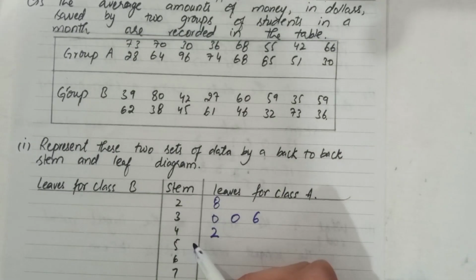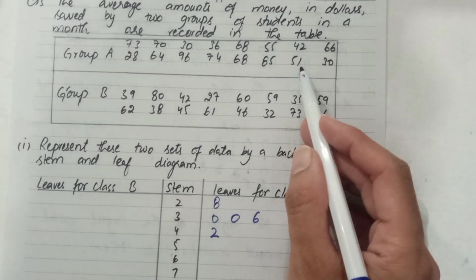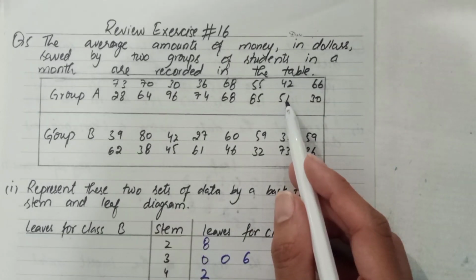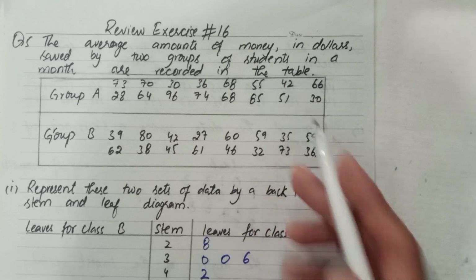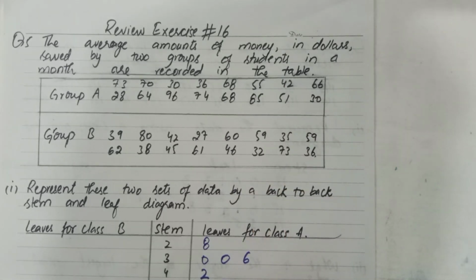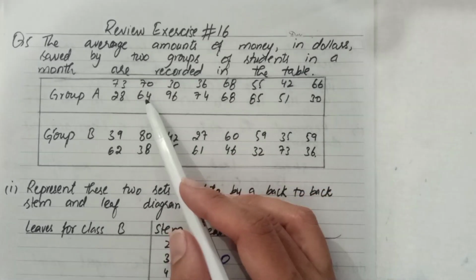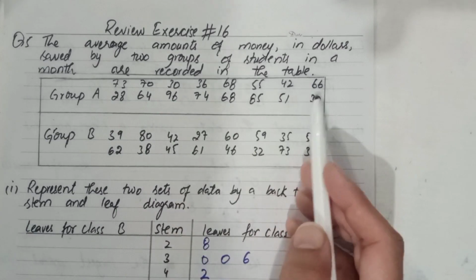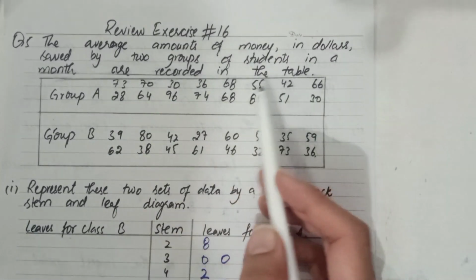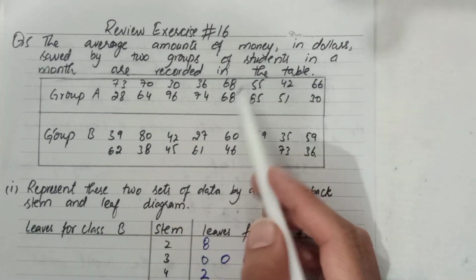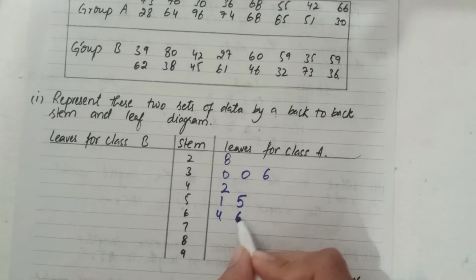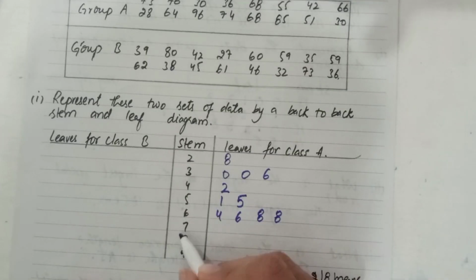With 5, the values are 1, 5, and another 5. With 6, the values are 4, 6, 8 and 8.